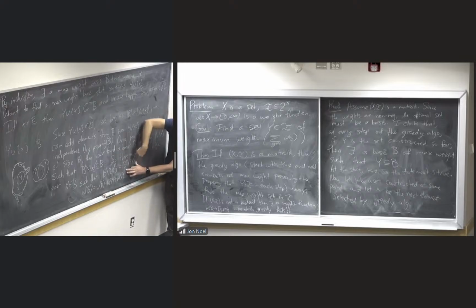So I take the weight of this stuff, which is the same as taking the weight of B, take away X prime, which is that. And then I add the weight of X. And I want to say that this is at least the weight of B. How can I conclude this? Like, how can I get this inequality? So we haven't used anything about the fact that we're using the greedy algorithm, actually.